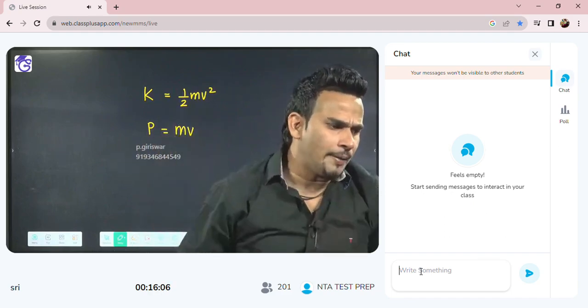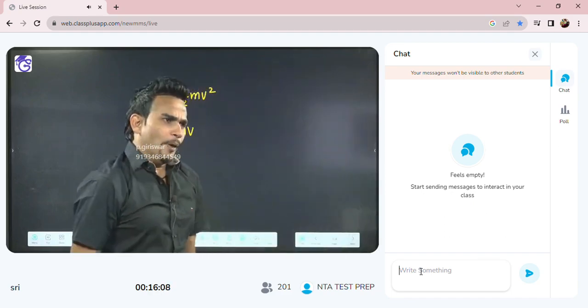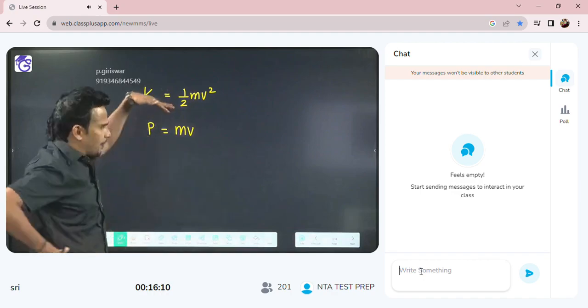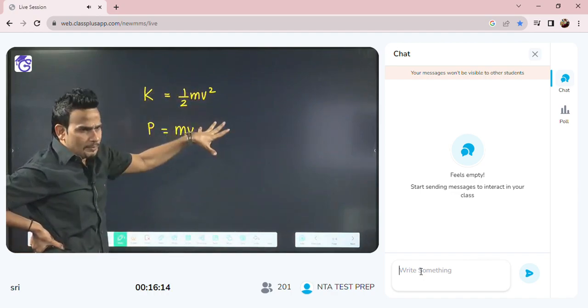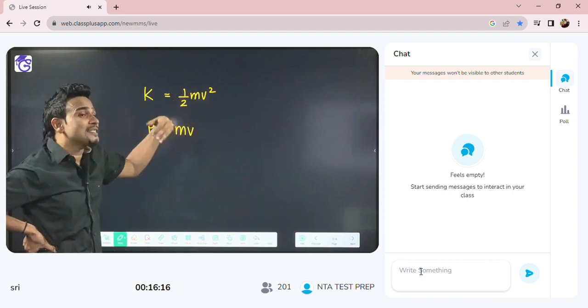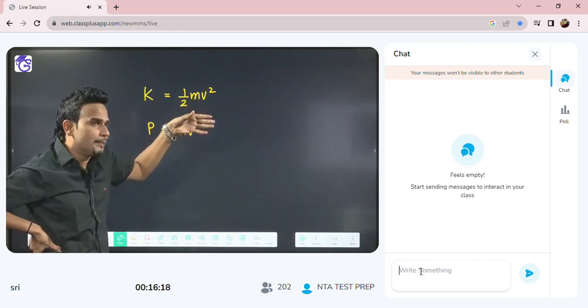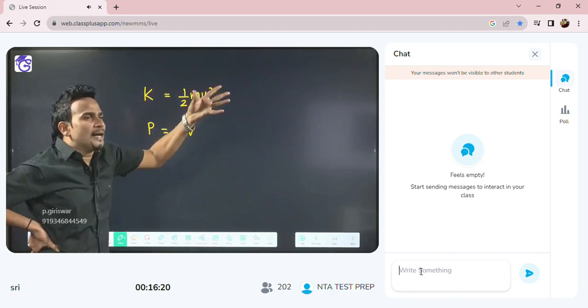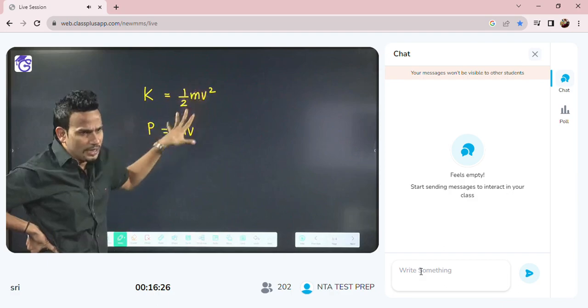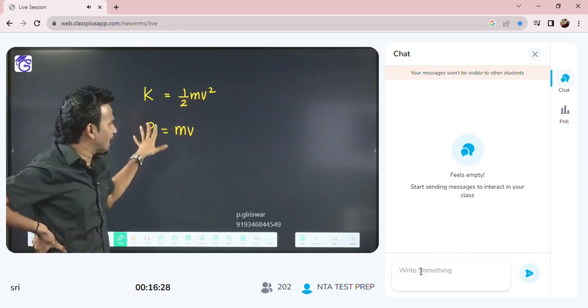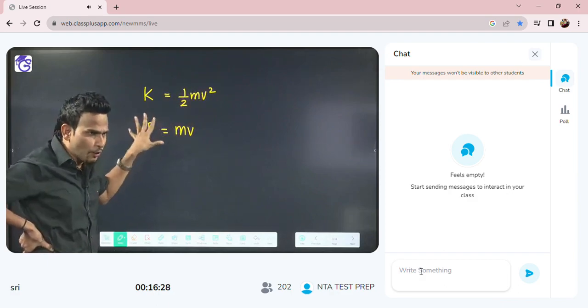Everyone knows that a moving body will always have kinetic energy half mv square, and it will always have momentum, whose magnitude is m into v. And we can always relate kinetic energy and momentum, because numericals are asked based on them. They will say if momentum is doubled, what will happen to kinetic energy? So we are trying to derive the relation between them.